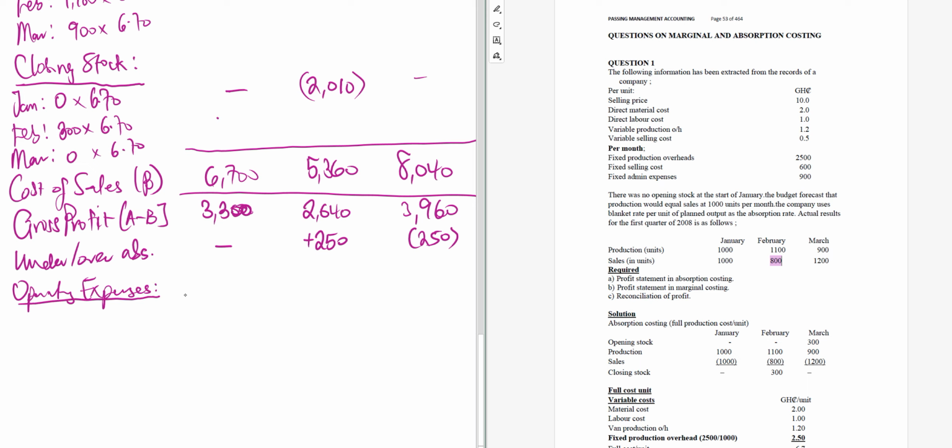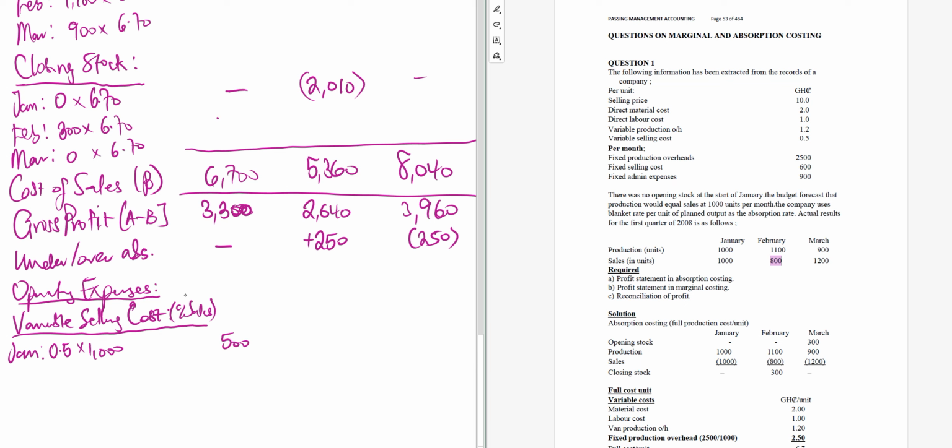First we had variable selling cost. Because it's variable, it's a percentage of sales. Since they gave it to us per unit, that means we need how many units were sold. In January we sold 1,000 units, so we take 0.5 per unit times 1,000, which is 500.